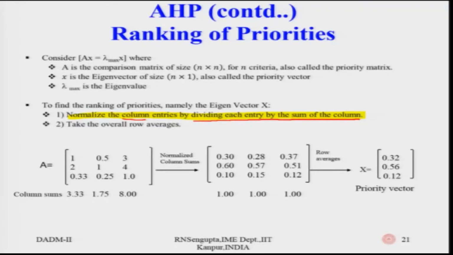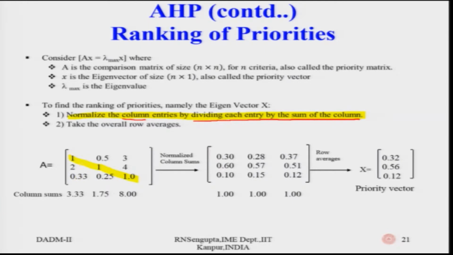You will take the overall row averages in case it is a column normalization which you are doing, that means normalize along the rows, obviously then you will take the average along the columns. So, what you do is that initially, the priority matrix was this. 1 1 1 is the principal diagonal when you are comparing criteria 1 with criteria 1, criteria 2 with criteria 2, criteria 3 with criteria 3.